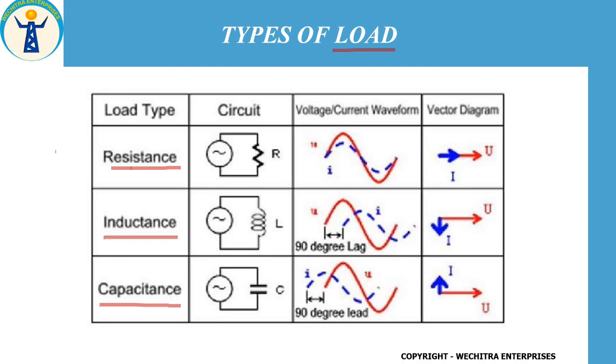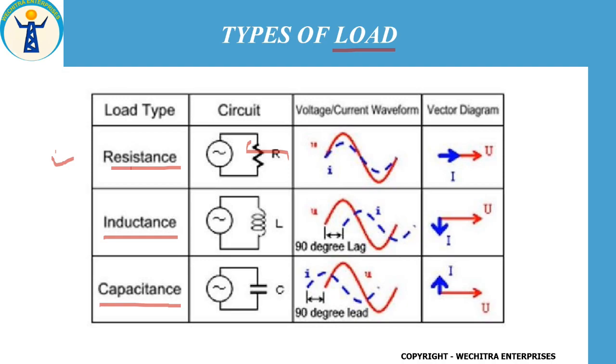Talking about resistive load, here you can see its circuit, and this is the symbol for resistive load. Resistive loads are mainly used for heating, like ovens and heaters. In these loads, the waveform shown in red is voltage and the blue one is current.